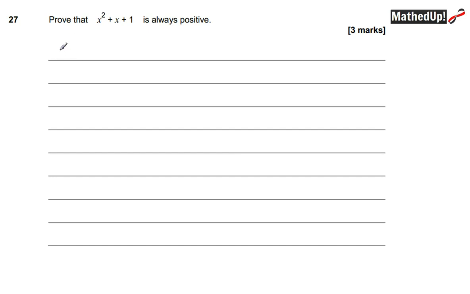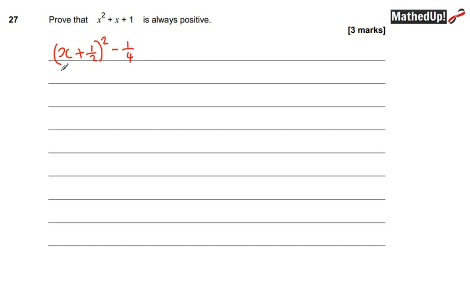So in order to do that, I know that I'm going to have x plus a half of the coefficient of x there. Well, the coefficient of x is 1, so this is just going to be a half squared. So x plus a half squared would be x squared plus x plus a quarter. So I need to take that quarter away.